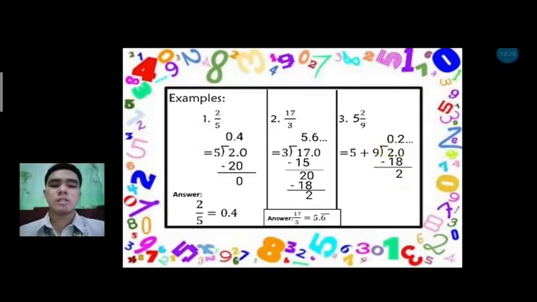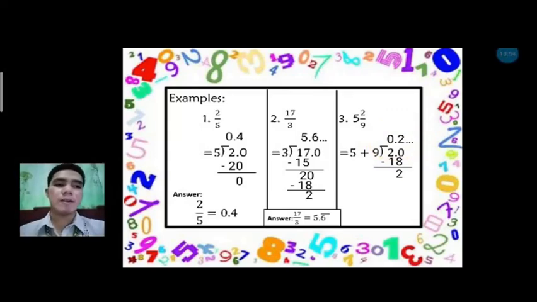So again, if we add 0, that will become 20. We are going to divide it by 9, that is 2, because 2 times 9 is 18. As you can see, it is a continuous process. Therefore, you have to stop there because our answer is 0.22222 and so on and so forth.